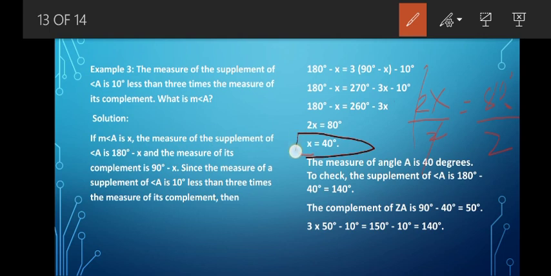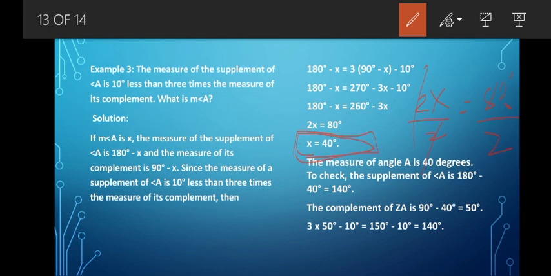Therefore, this is our value of X. So, paano naman malalaman yung supplement niya? Since our X value or angle A is 40 degrees, to check the supplement, paano natin i-check yung supplement?